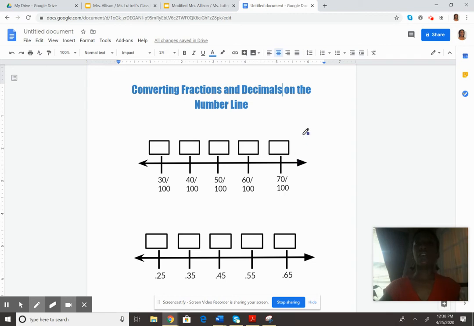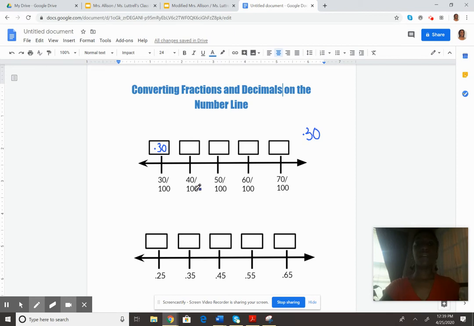So I have 30 hundredths. Okay? So that would be 0.30. So I put 0.30 in here, which is 30 hundredths. And you can say it just like that, 30 hundredths, right?